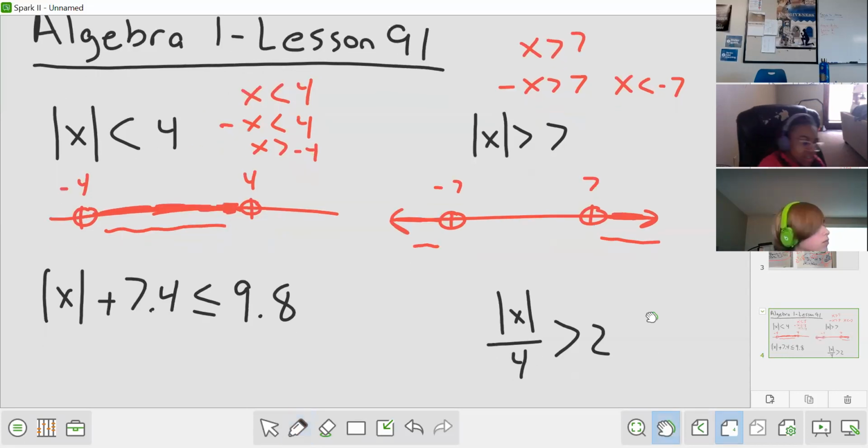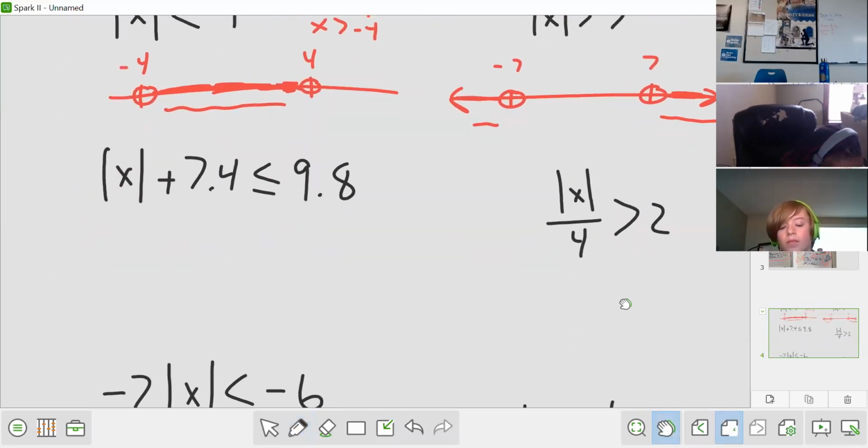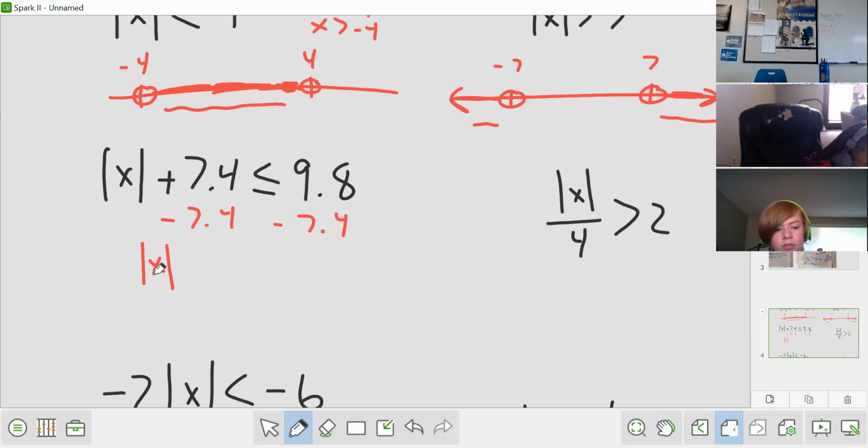If I continue, I still do the same thing I would for any other equation over here. I would still go ahead and subtract 7.4 from each side. All right, so now I would have the absolute value of x is less than or equal to 2.4.